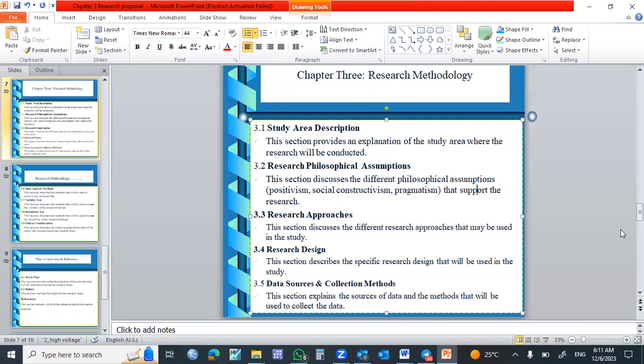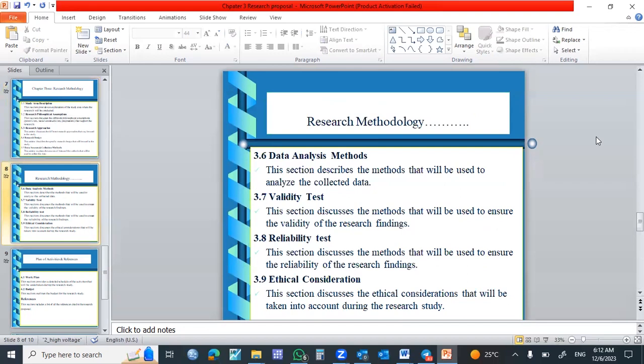Also, we'll have a data analysis part for our proposal, and in data analysis we have to specify whether we employ quantitative or qualitative data analysis tools. Qualitative data analysis tools do not consider numbers in our data, but quantitative data analysis will consider the numerical data that we have collected over our research.